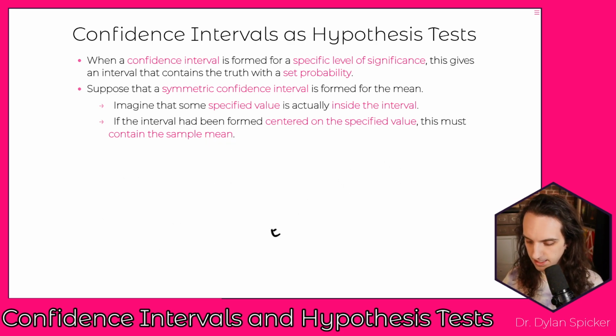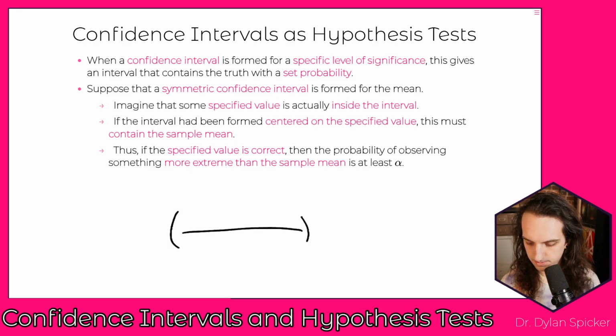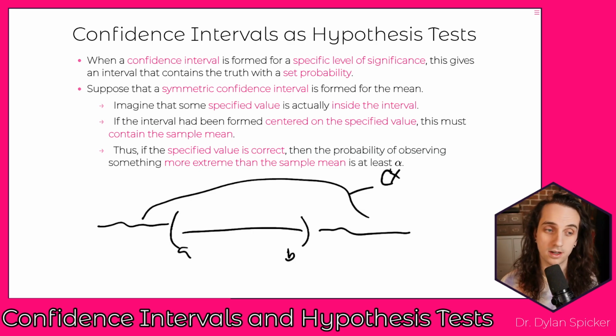And so what does that actually mean for us? Well, if the specified value, that x value we had on the diagram, is actually correct, then the probability of observing something more extreme than the sample mean is at least alpha. Because we know that the probability of observing something outside of the confidence interval, going from A to B, is alpha. That's our setup of the confidence interval here.